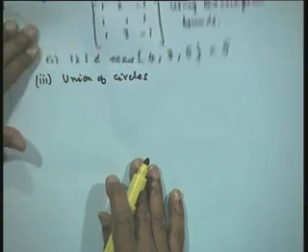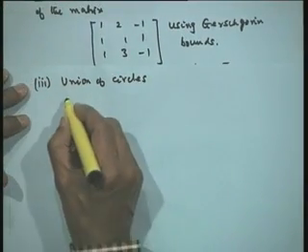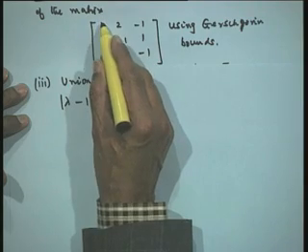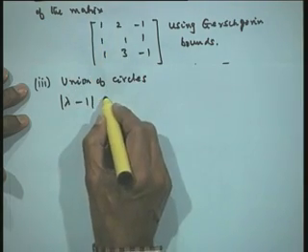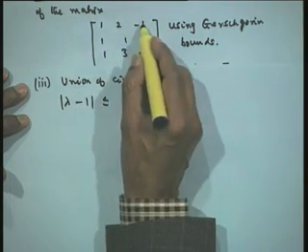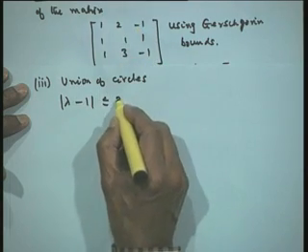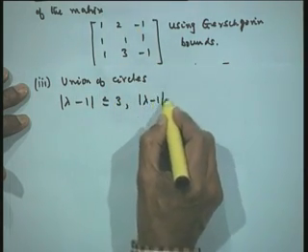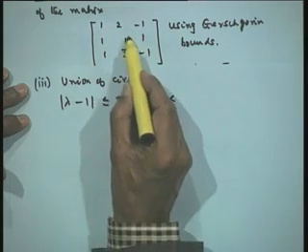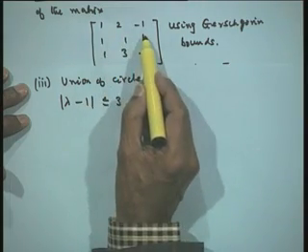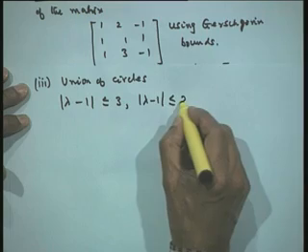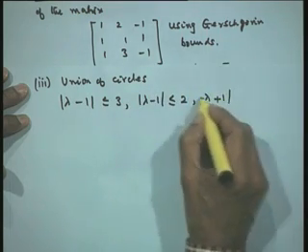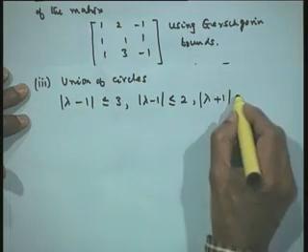Now, taking the first row, magnitude of lambda minus a11, that is lambda minus 1, is less than or equal to the absolute sum of the remaining, that is 2 plus 1, 3. From the second row, lambda minus 1, I have taken the second pivot as 1 and the off diagonal elements as 1 and 1, so I will have this as 2, and from the third row I get lambda plus 1 is less than or equal to 4.